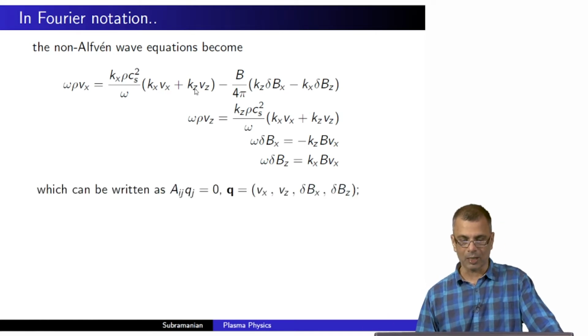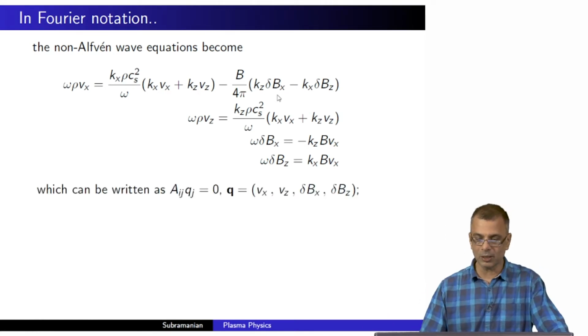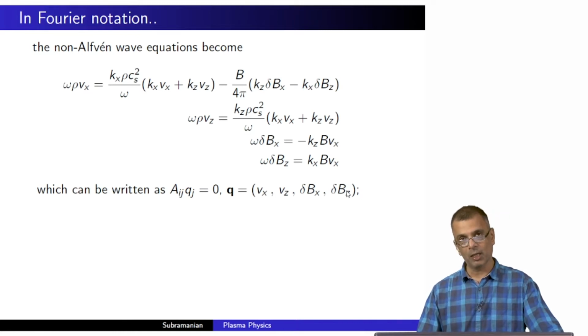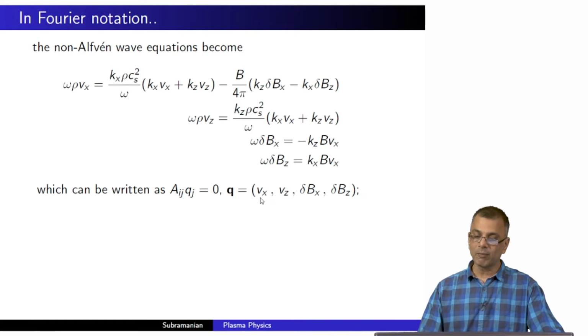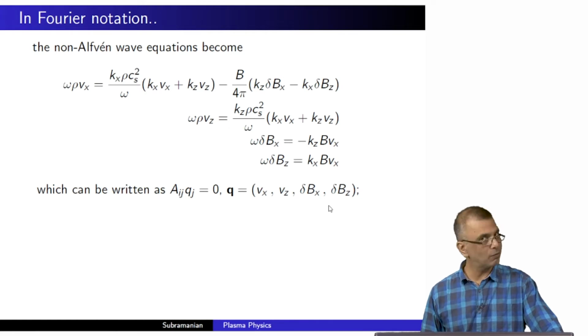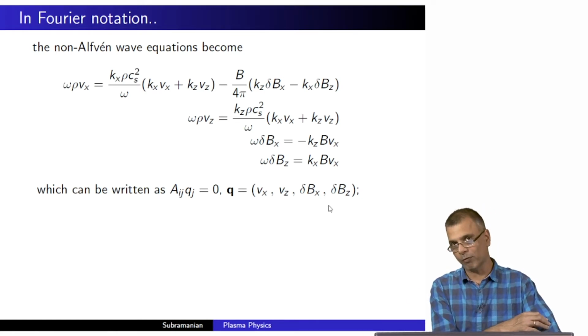Right. So now these equations can be written as a matrix times a vector equal to 0, where the vector comprises velocity Vx, Vz and magnetic field perturbations. The important difference is that none of these involve y directed perturbations. We have already taken care of that with the Alfvén wave solutions.